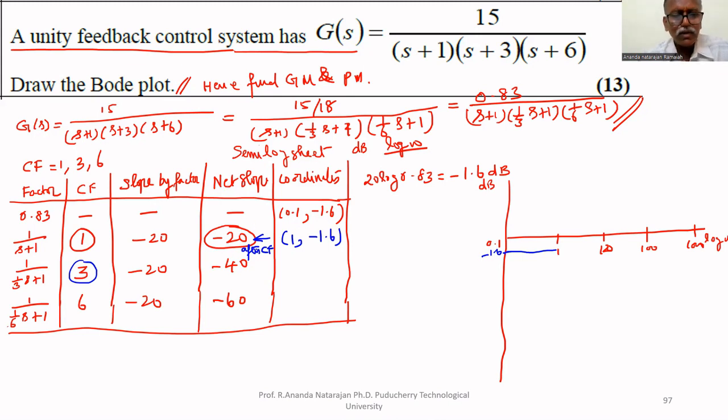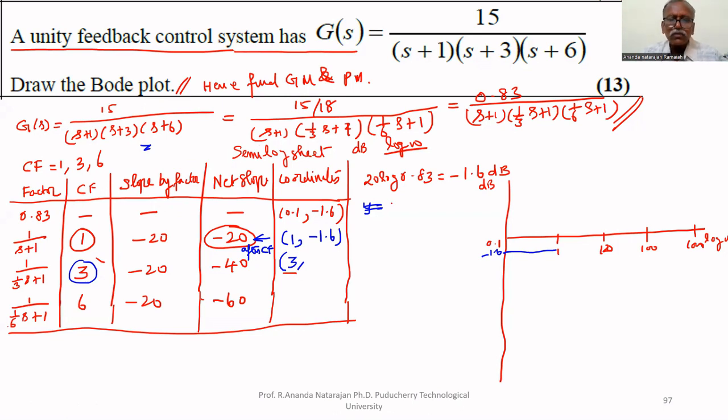Therefore the slope up to 3 decreases at the rate of minus 20 dB. So at 3, we have to find the coordinate. X coordinate is 3. We have to find the y coordinate.